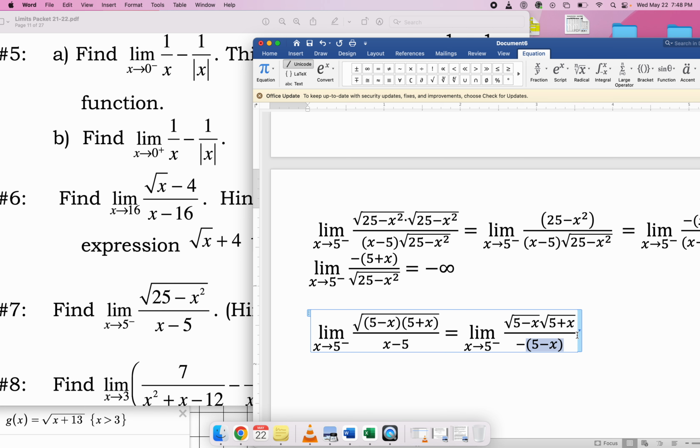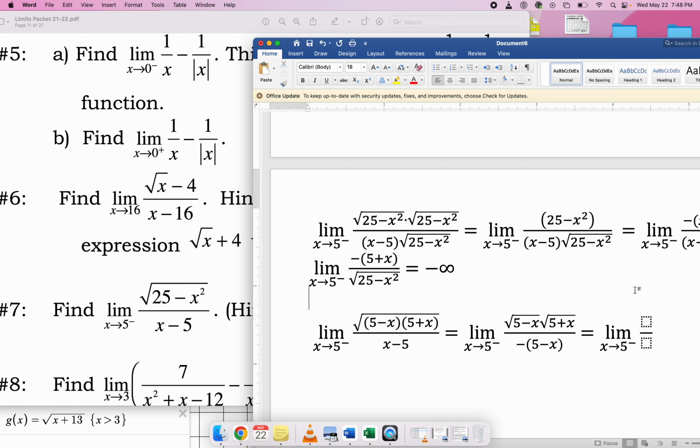It's just that this is 5 minus x to the 1/2, to the power of 1/2, and this is 5 minus x to the 1. So you can do some cancellation. It's just you have some stuff left over in the denominator, right?